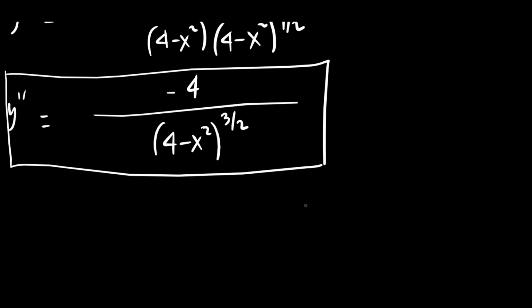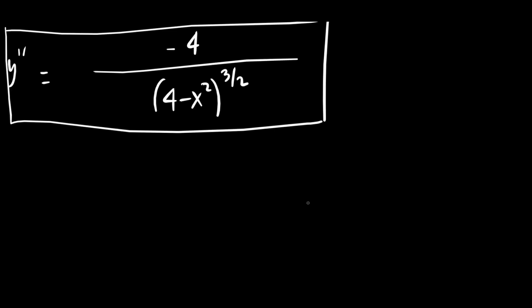So we are tasked to find the third derivative also. So the third derivative is just equal to, copy the denominator, 3 halves. The derivative of negative 4 is just equal to 0.